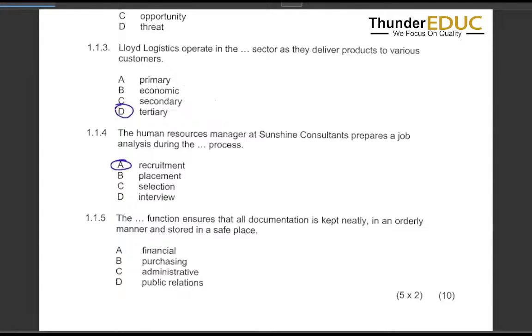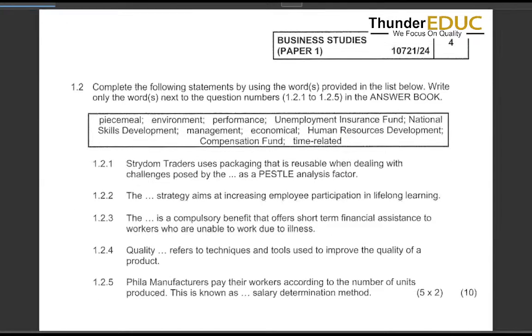Now moving on to the next question, we have 1.1.5. It reads as follows. The dash function ensures that all documentation is kept neatly in an orderly manner and stored in a safe place. When we go through the given set of options, our correct option in this regard is going to be C. Okay, right, grade 12. Now let's move on to the next question.